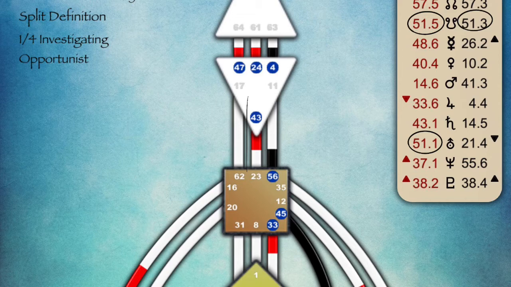For instance, if you have gate 25 in line 2, line 4 and line 6, you would say in the beginning you come together with the energy of gate 25, then you build a foundation, and then eventually you come out as a role model on that energy. So there's going to be a much bigger theme in your life based on the fact that you have the gate in several different lines, or you have it a few times in your body graph.